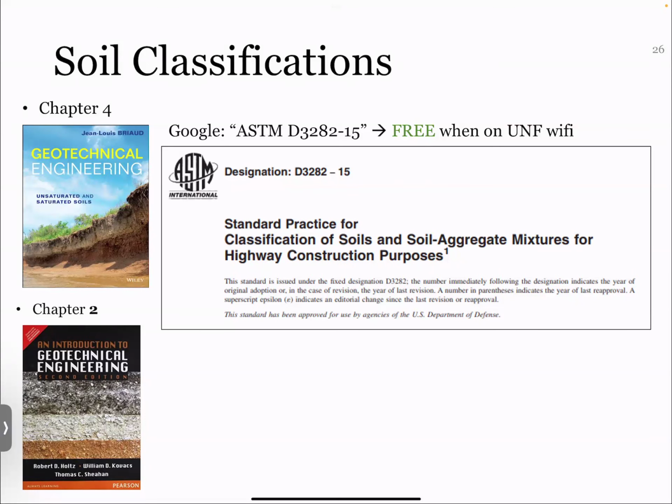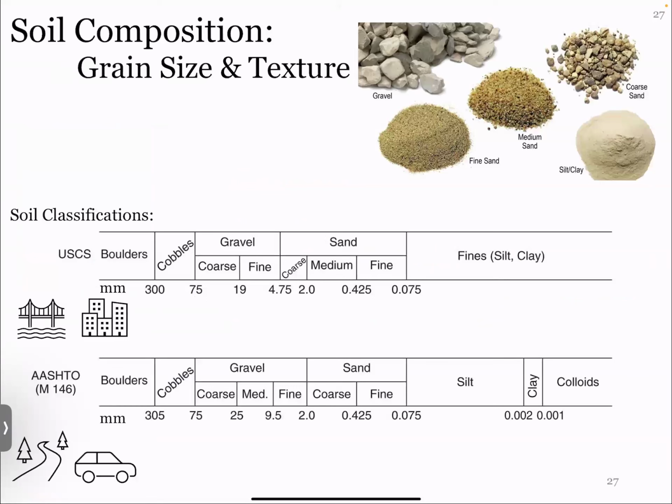All right, so what we're going to go over now is the AASHTO. It's still an ASTM, a different ASTM. It's 3282, so it's a newer ASTM. And I went over the overview of it last time. What they do is they distinguish the silt, clay, and colloidals by the actual particle size rather than plasticity.